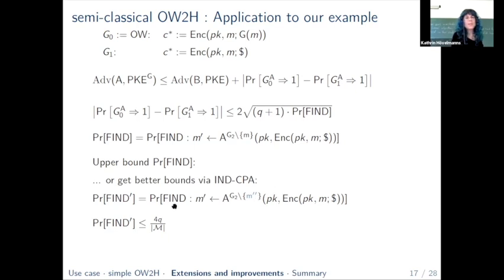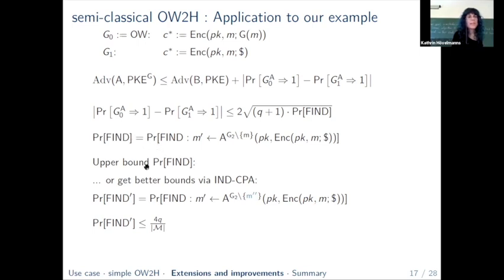So the first observation is that the probability of this new event can be upper bounded by 4q over the size of the message space, because M prime prime, the set on which we puncture, is independent of the input of the adversary.